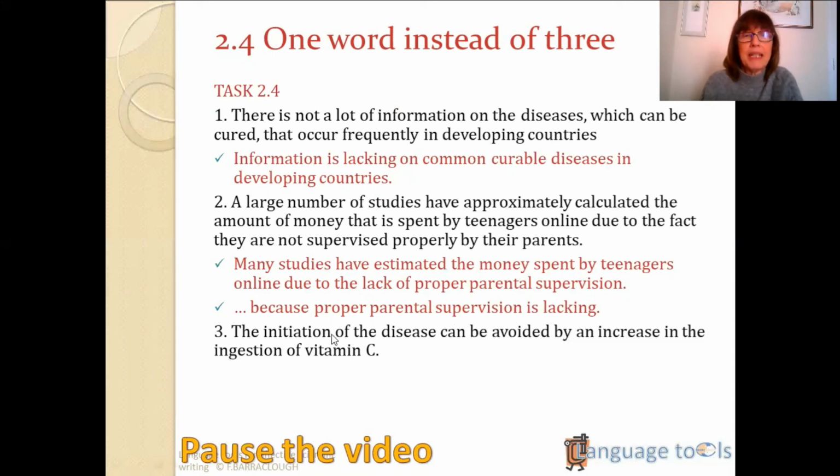And the last one: the initiation of the disease can be avoided by an increase in the ingestion of vitamin C. Disease onset is avoidable by increasing vitamin C ingestion. Okay, so we can see that in all cases we can improve on these sentences and create shorter and more concise, reader-friendly texts.